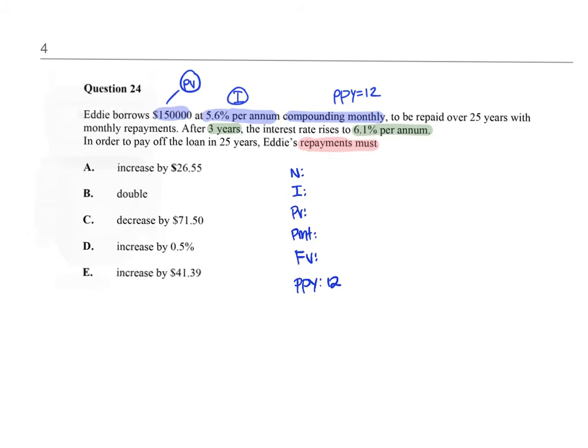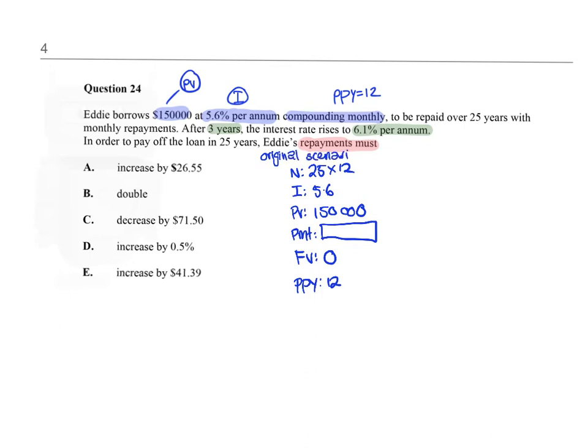I know the interest rate is 5.6, and I know at the start he borrowed 150,000. So we want to know what his monthly payments are originally. So it would have been the 25 years that he would have zeroed it off. So I'm going to get the original payment. So this is the original scenario.